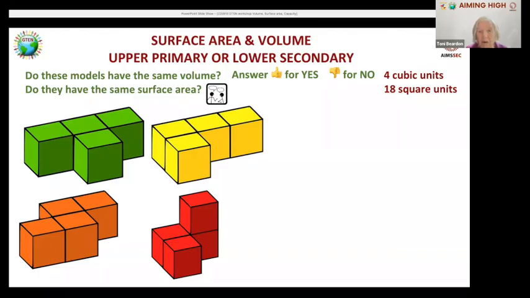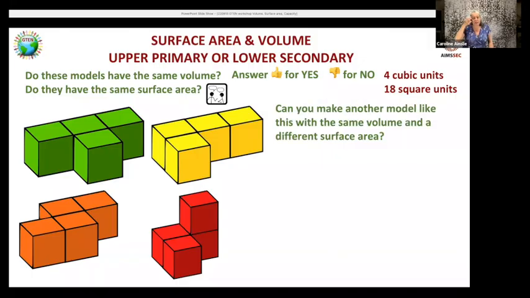There's no formula here, but just looking at the shapes and talking about what's at the back, the ends, the top, the bottom, and counting the squares. I think if you count them all, you'll find they've all got 18 square units as a surface area. It's a nice way to introduce the surface area of a 3D shape versus the surface area of a 2D shape.